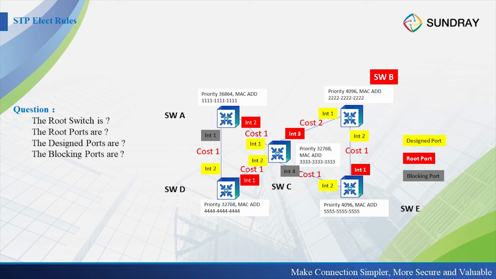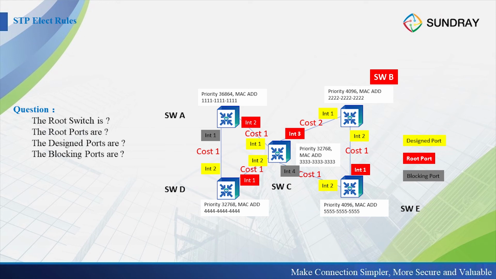Okay, the next step is we need to elect the root port. The root port is the port with the smallest path cost to the root bridge, right?